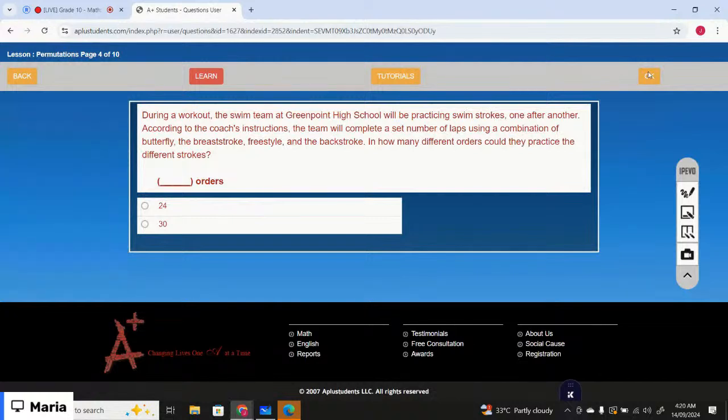You have four options, right? So, you have to calculate 4 factorial. 4 factorial is 24.